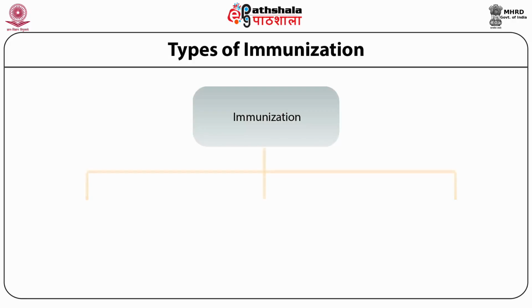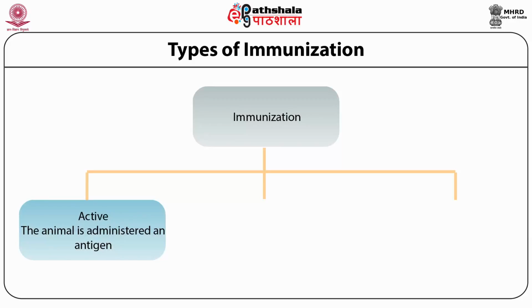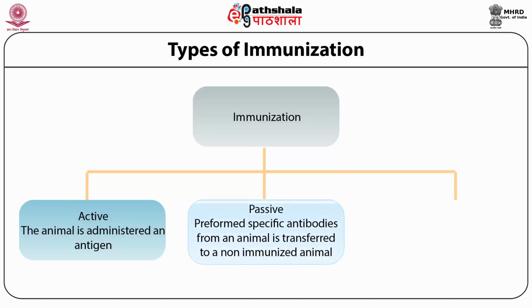Immunization is of three different types: active, passive, and adaptive. In active immunization, the animal is administered an antigen. In passive immunization, preformed specific antibody from one animal is transferred to another non-immunized animal.